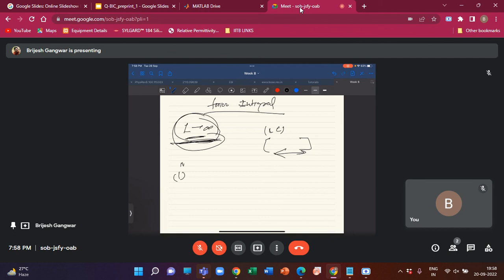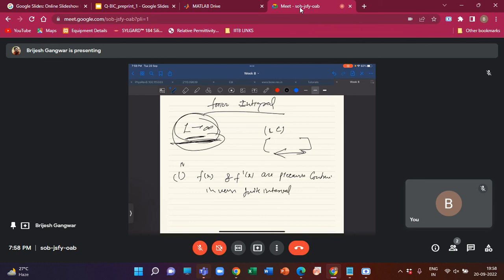First, we consider that f(x) and f'(x), both these functions, are piecewise continuous in every finite interval.